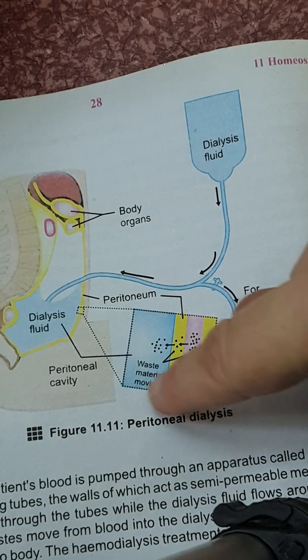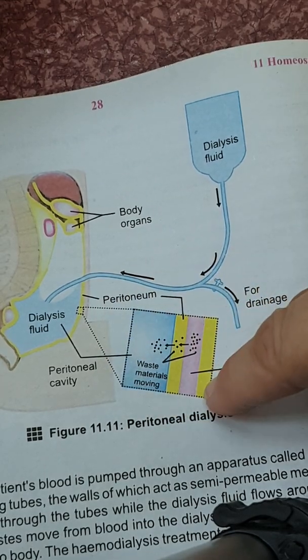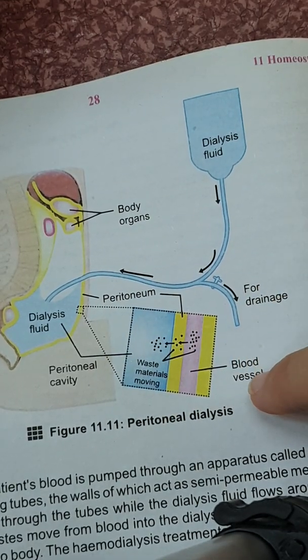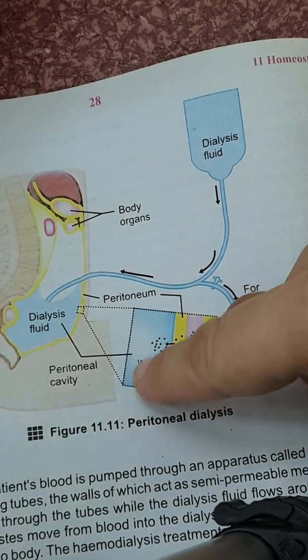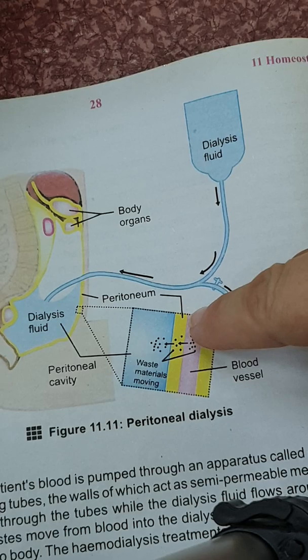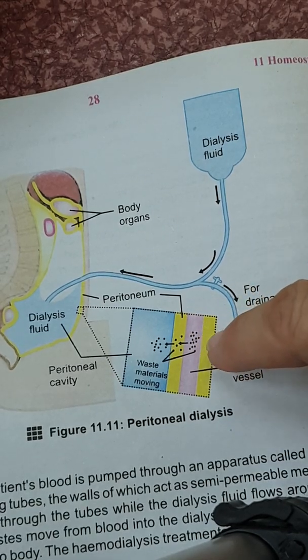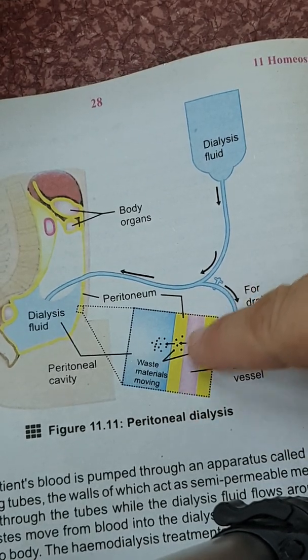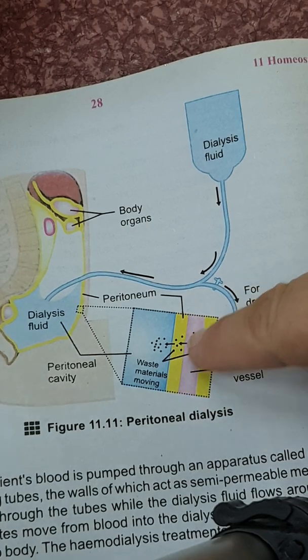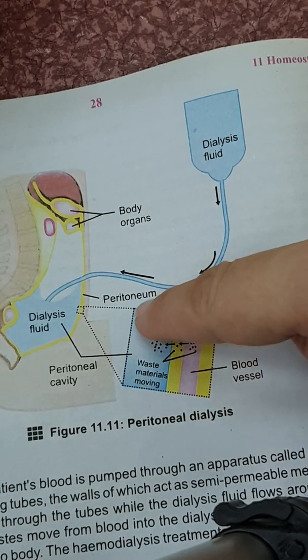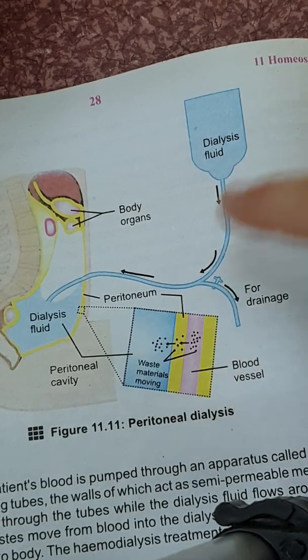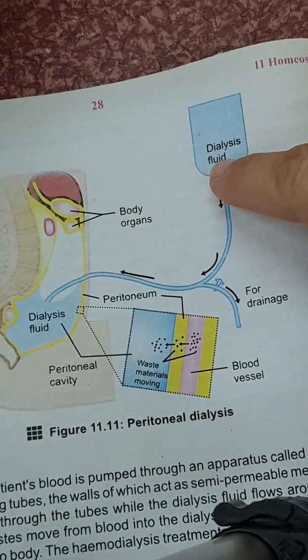And this is the structure of this peritoneal membrane. You can see that the blood vessels also come here, this is the cavity, this is the membrane. The blood is present in this peritoneum or membrane. So a special fluid is poured, that is the dialysis fluid.